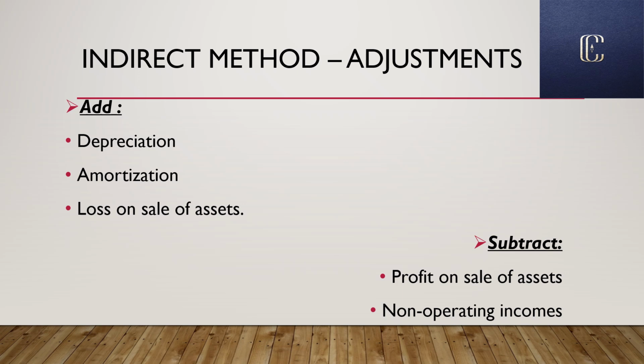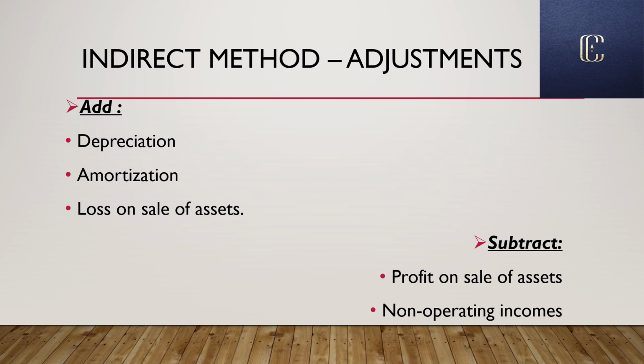Second one is amortization. It is similar to depreciation but applies to intangible assets like patents, copyrights, software, or goodwill. Again, it reduces profit but does not involve cash payment now. So it is added back. The third one is loss on sale of assets.